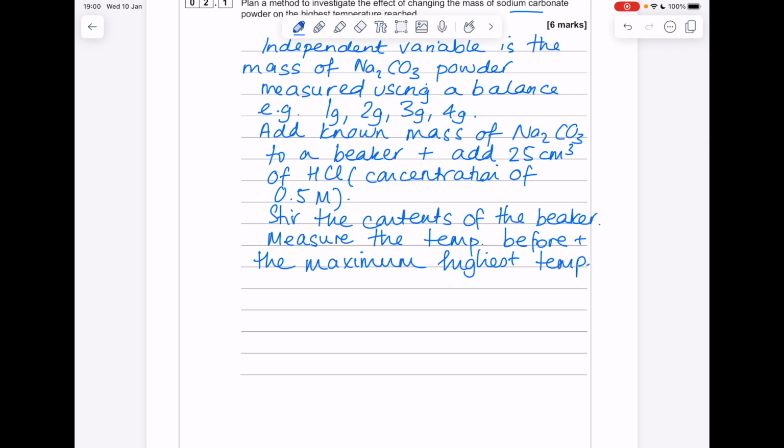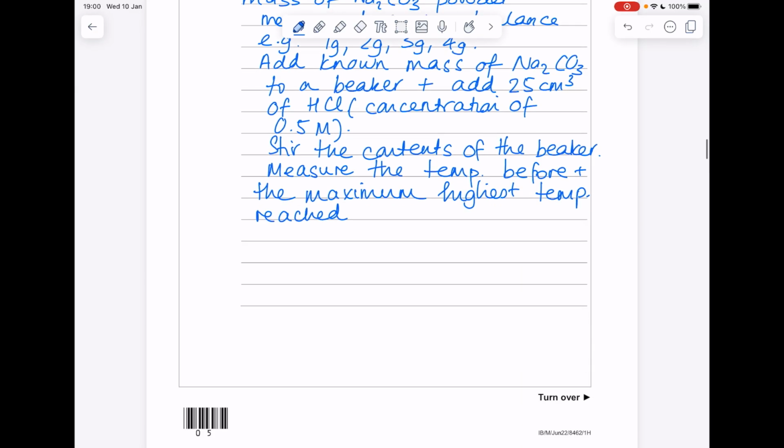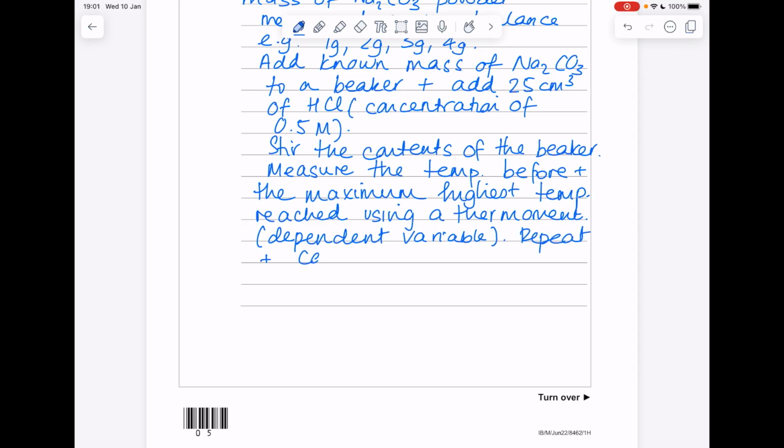Give a piece of suitable apparatus using a thermometer. And that will be your dependent variable because that's what you're measuring. Make sure you repeat and calculate an average to improve the reliability.